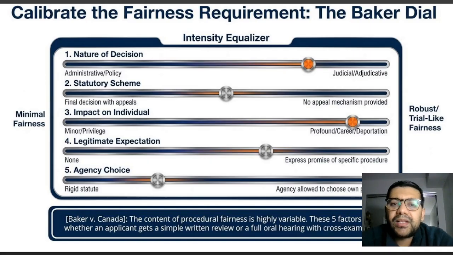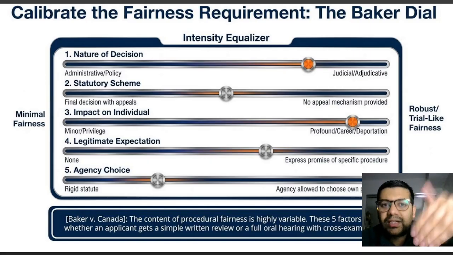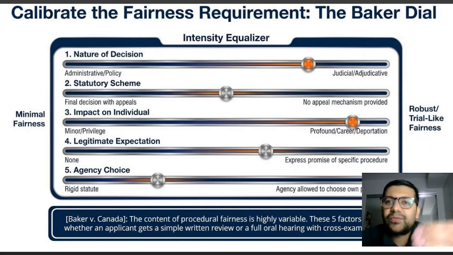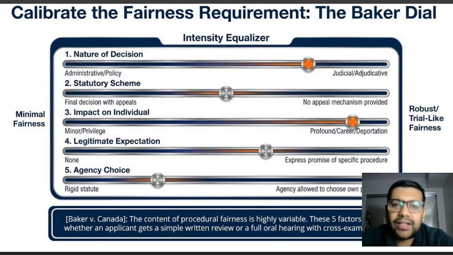But if it allows the decision maker to make decisions using their own understanding at that point in time, maximum procedural fairness is owed because you want that person to be serious about the responsibility they're getting.